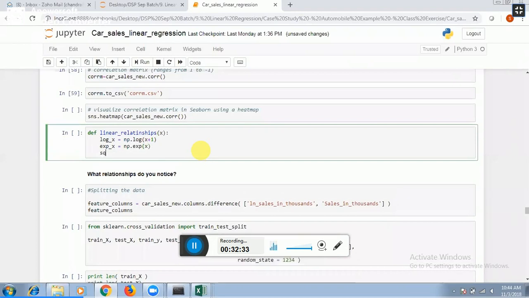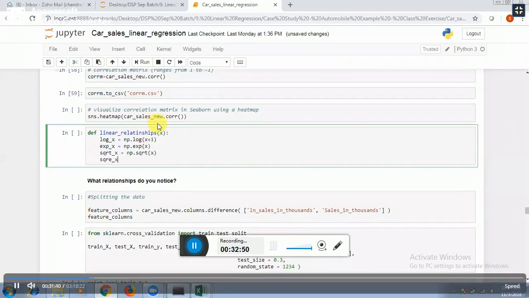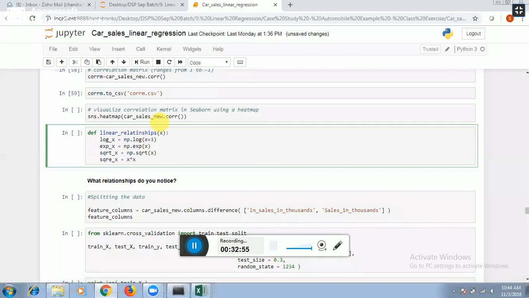Then the square root of x, np.sqrt of x, and the square of x, which in this case is probably x multiplied with x, right?